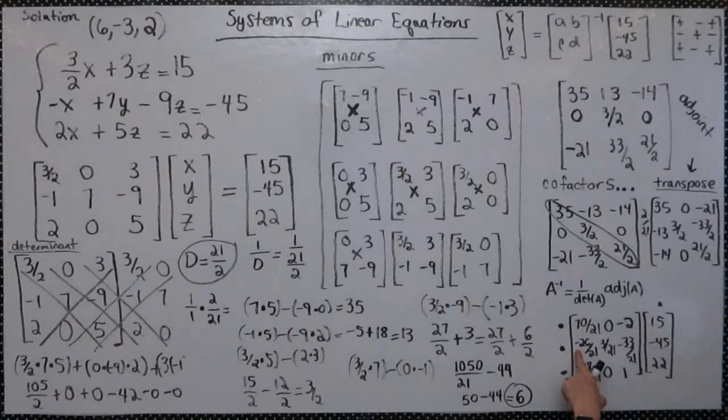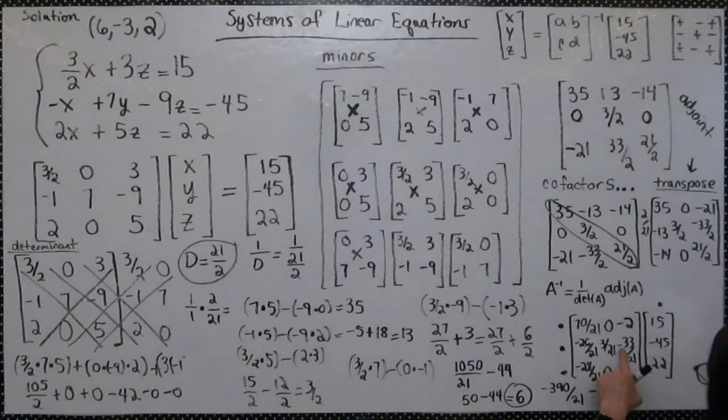We've got negative 26 times 15. And I'm getting a negative 390, and that is over 21. We've got 3 halves times negative 45. So I'm getting negative 135 over 21.